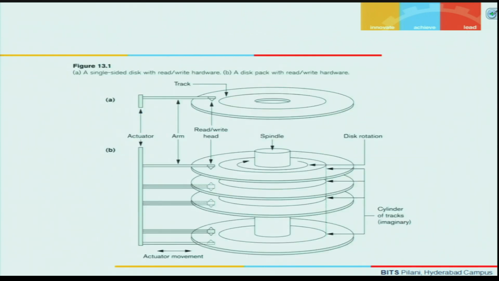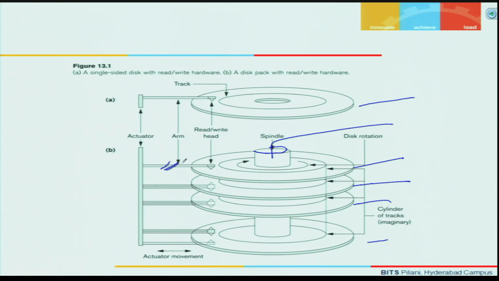A disk pack looks like this. This is one disk, second disk, third disk, fourth, fifth, and so on, depending on the requirement, and it may contain any number of disks. All these independent disks are mounted on a central spindle. Then for every disk surface we have a read-write head.